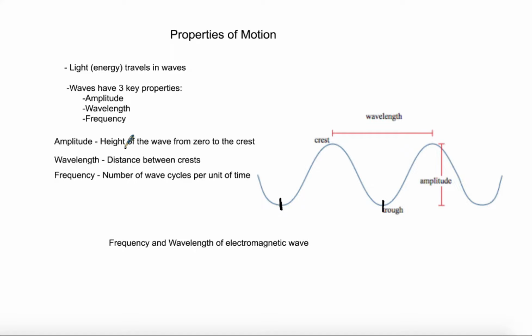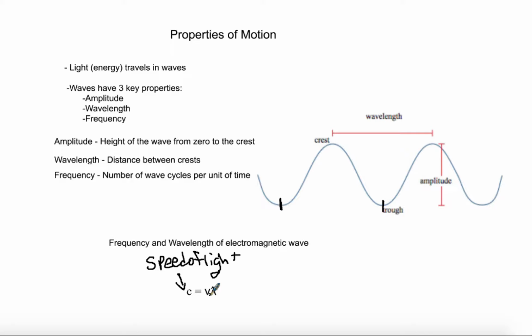The frequency and the wavelength of an electromagnetic wave can actually be determined and given by an equation. This equation relates the speed of light to them as well, because we're talking about how it travels. It's given as c equals lambda nu. So c again is the speed of light. This is going to be a constant. It's never going to change.